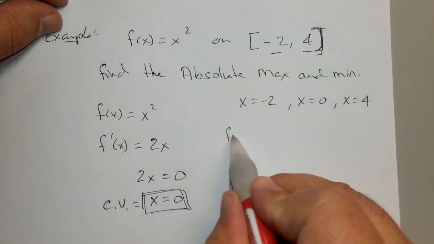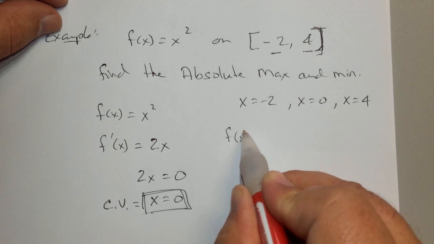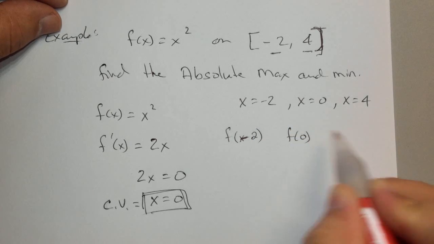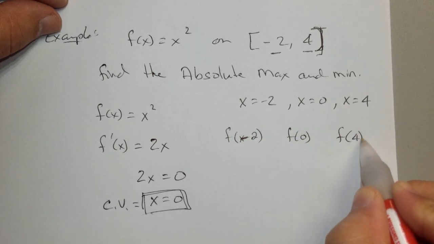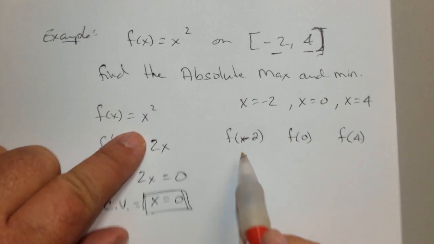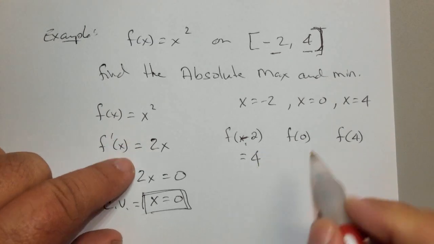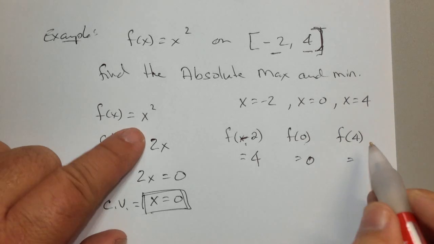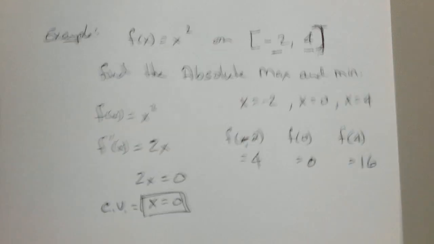Plug them back into your original equation. -2 squared is 4. 0 squared is 0. 4 squared is 16.